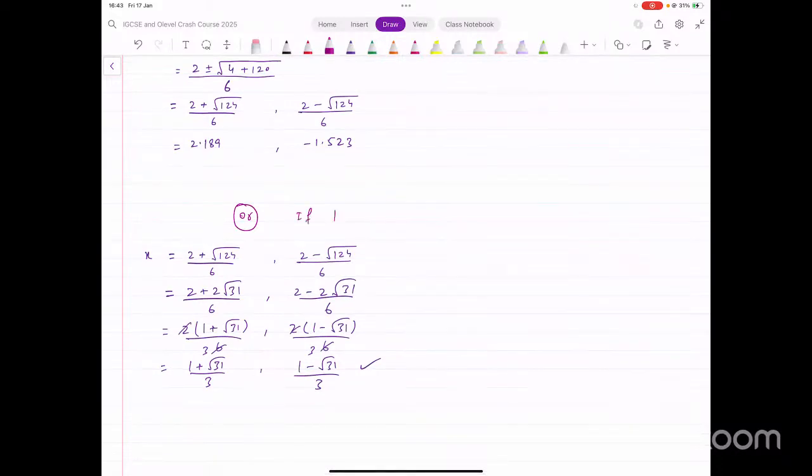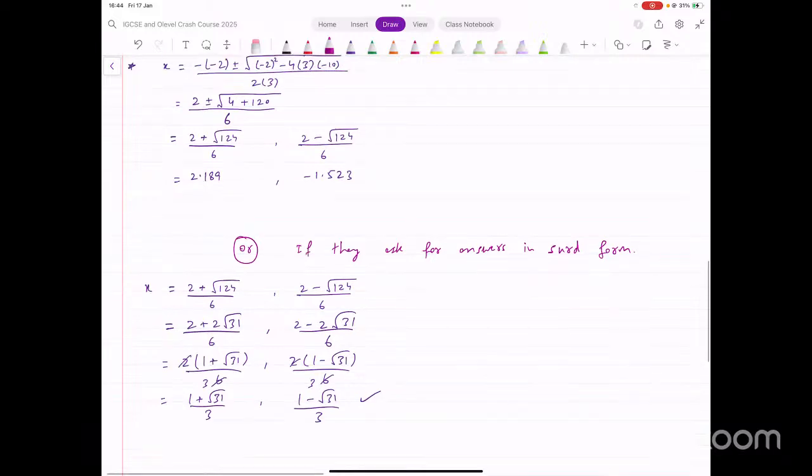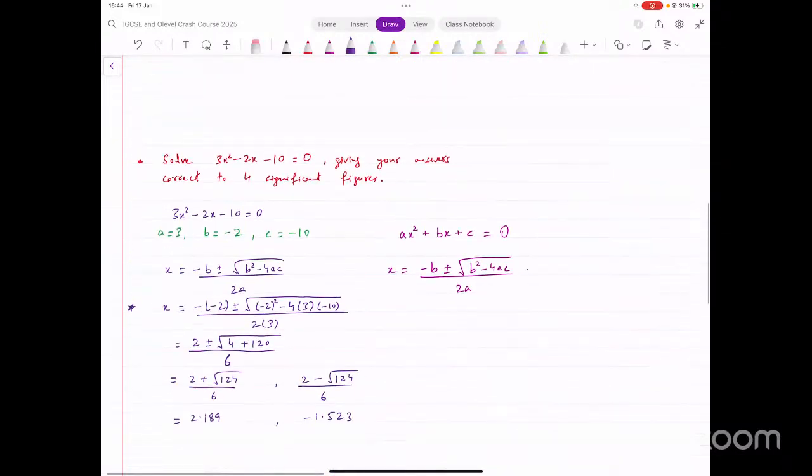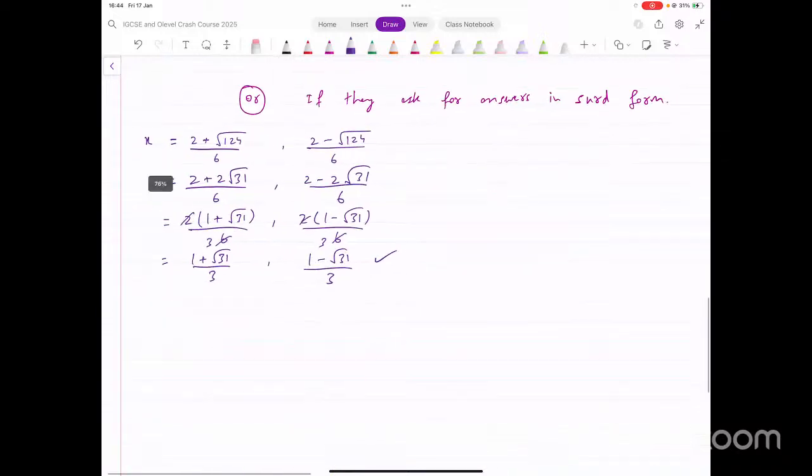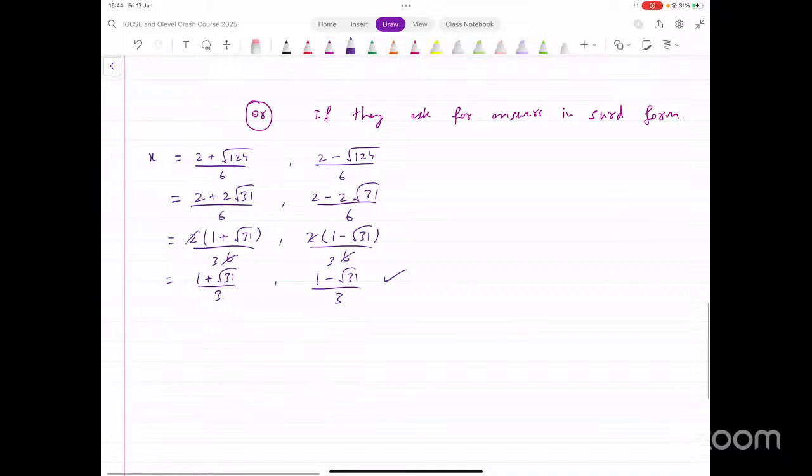This is if they ask for answers in surd form. Okay. In this particular question, we would stop here. But if they were to ask for answers in surd form, we would have to do a simplification like this and not give an answer in decimal form.